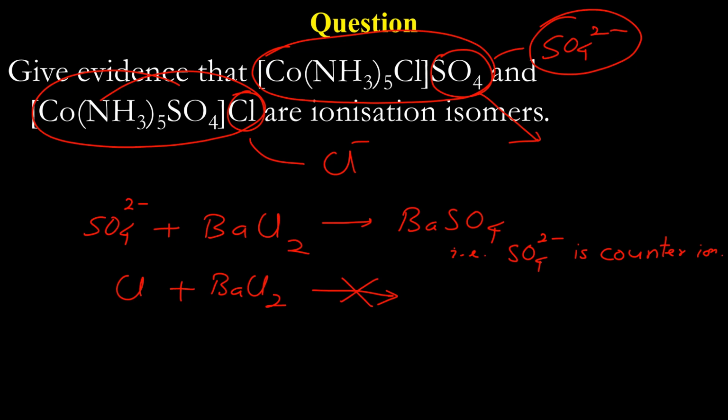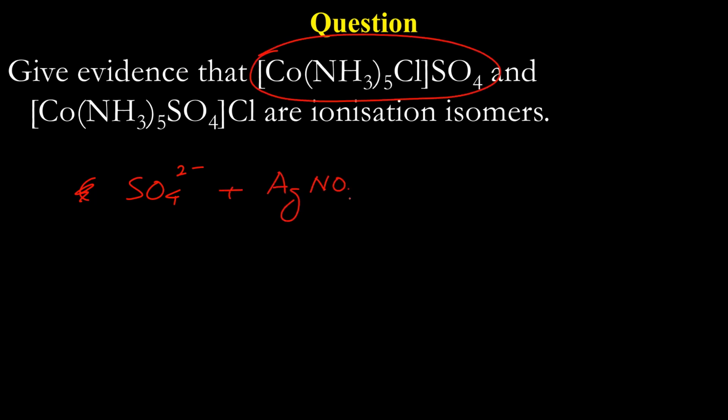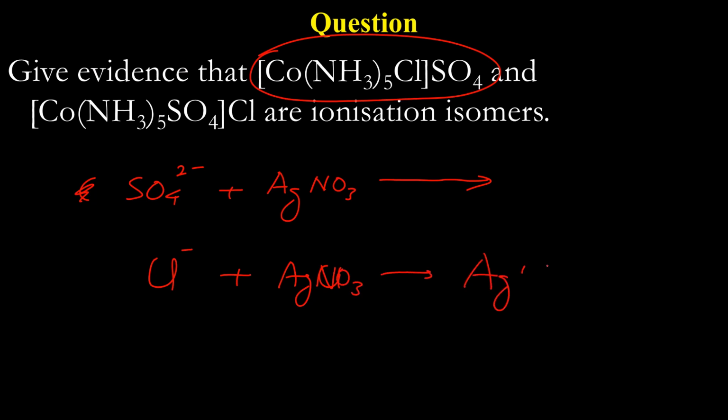But if you get these two reacted with AgNO3, SO4 2 minus, which obviously I'm talking about this one, with AgNO3, no reaction will happen. But if you get Cl minus reacted with AgNO3, then AgCl will be formed.